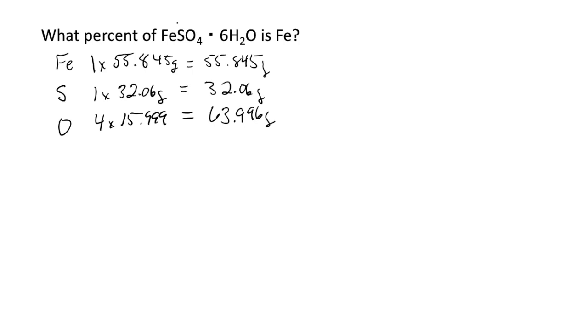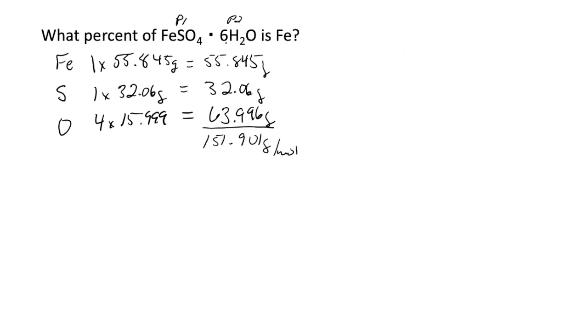Since this is part 1 of this chemical formula, I'm going to go ahead and add this first part together and then add that to my second part over here to get my total mass of this hydrate. So 55.845 plus 32.06 plus 63.996 is 151.901 grams per mole.